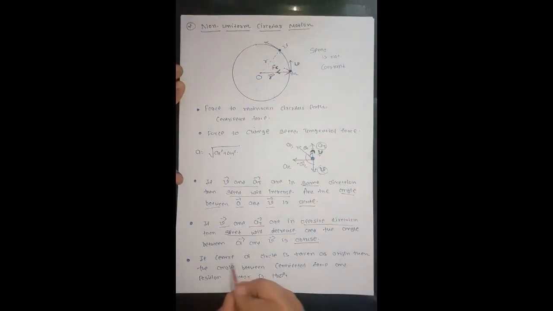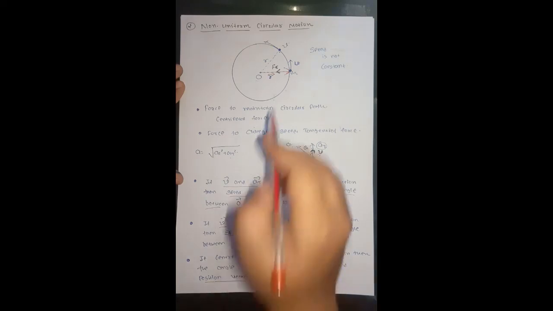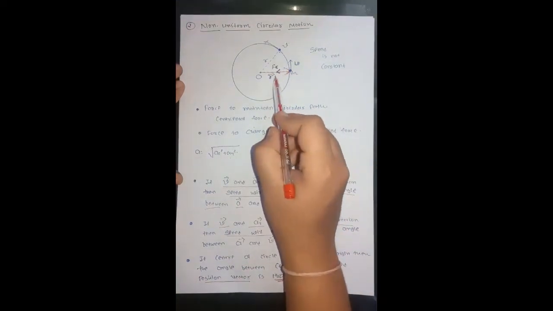So if center of the circle is taken as origin, then angle between centripetal force and position vector of the object is 180 degree. Don't get confused, it is not 0 degree, it is 180 degree, because they both are directed in exactly opposite directions.